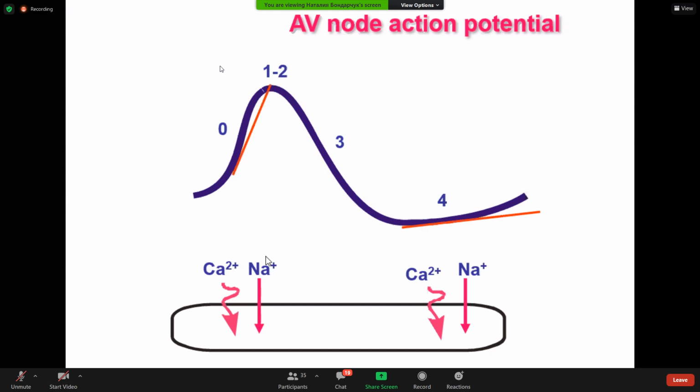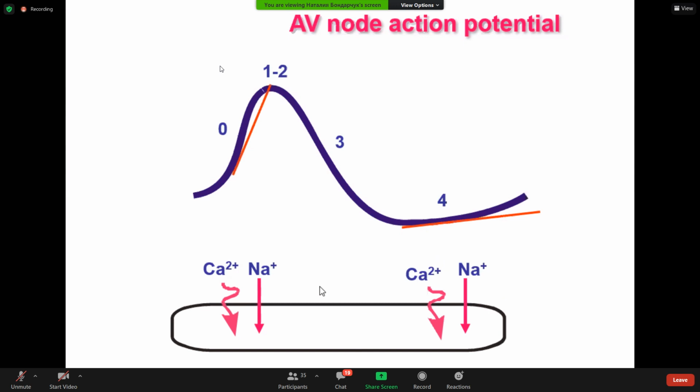So if drugs inhibit sodium channels or calcium channels, such groups of drugs prolong the duration of the zero phase. Also during the fourth phase, calcium and sodium channels play the major roles. So if you want to prolong the fourth phase and decrease automaticity of the AV node action potential, we must use such drugs that inhibit calcium channels or sodium channels.